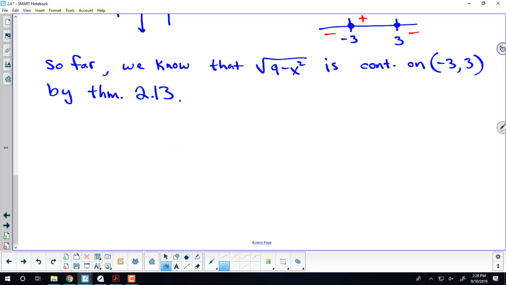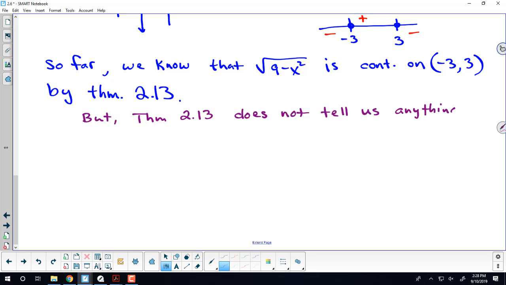So we need to state this, but Theorem 2.13 does not tell us anything about continuity when that function is equal to 0.